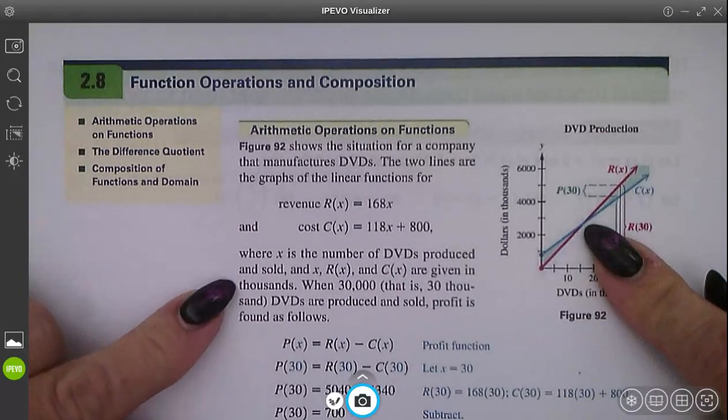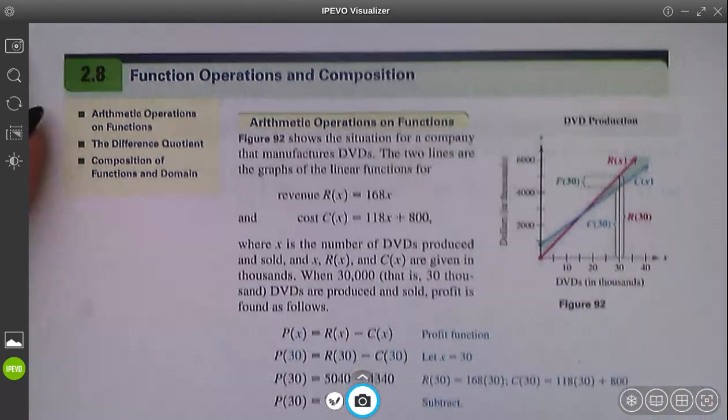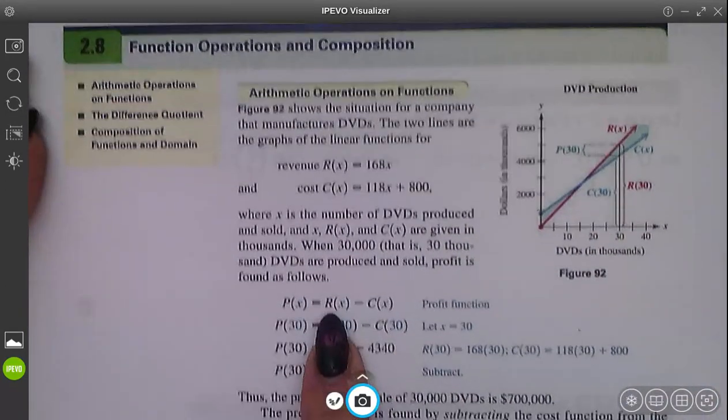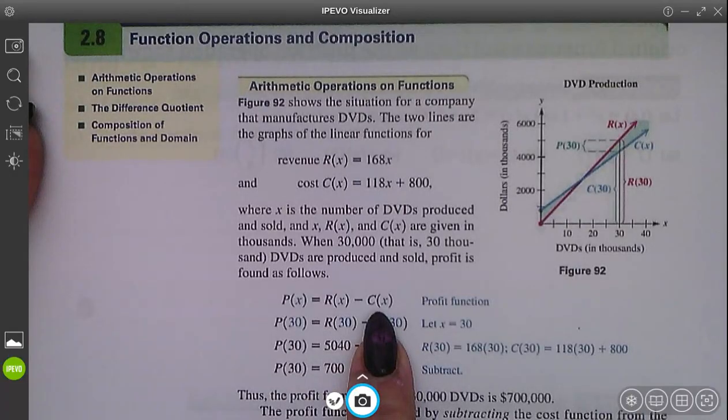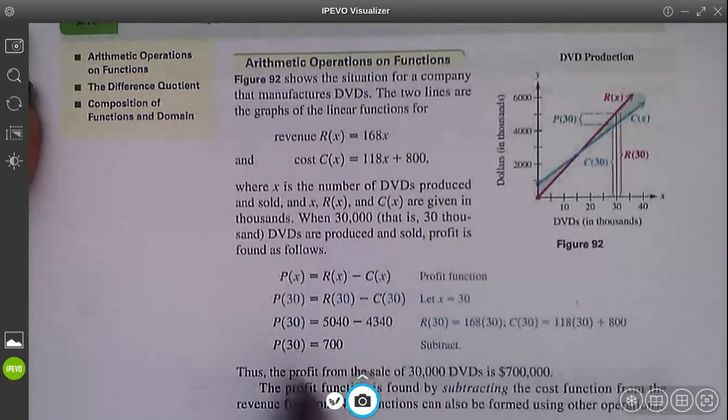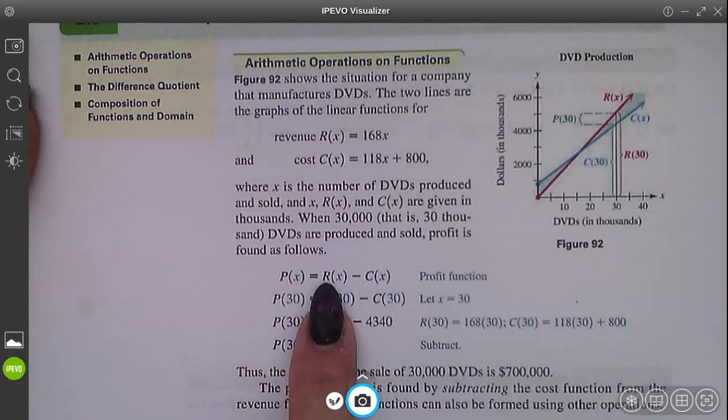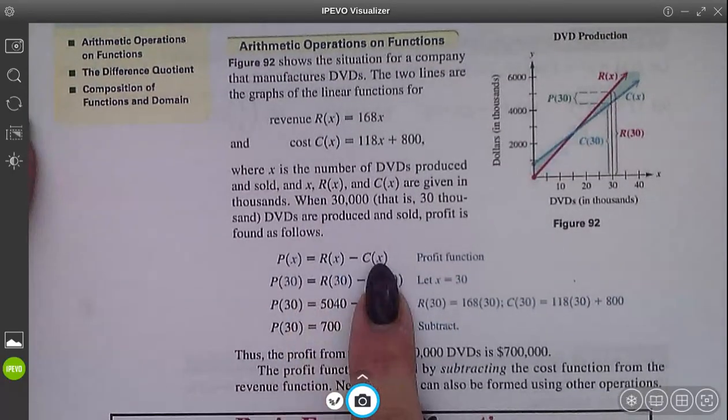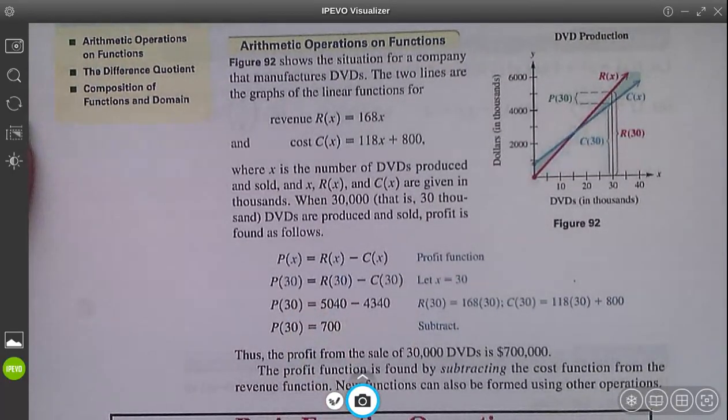But if we wanted to make a new function that was about profit, then if you remember that profit is revenue minus cost, so we could make an entirely new function by taking the revenue function, r of x, and subtracting the cost function, c of x.